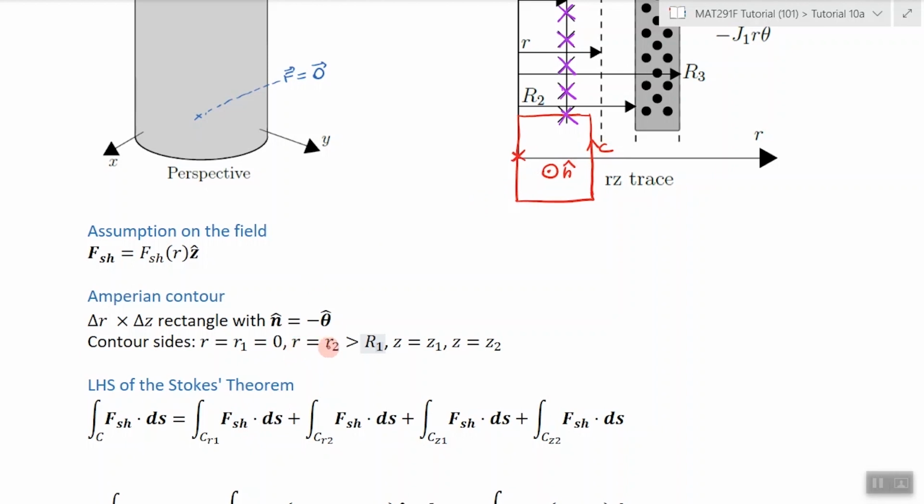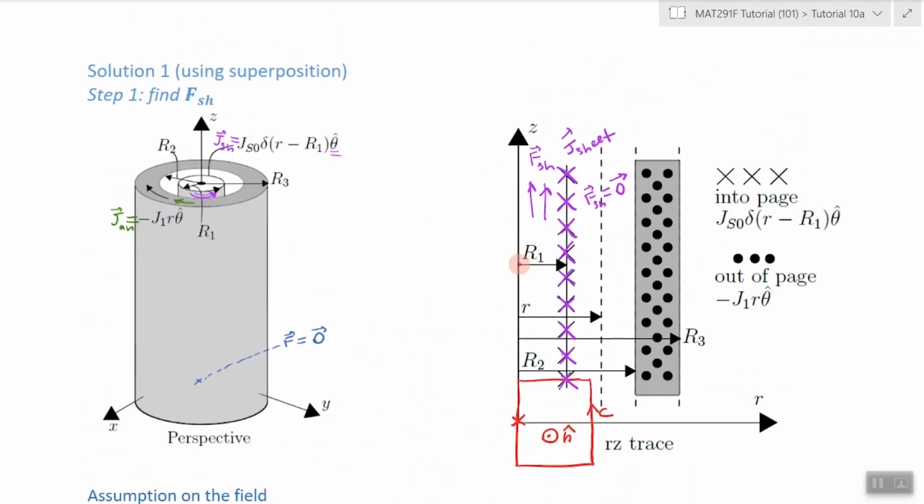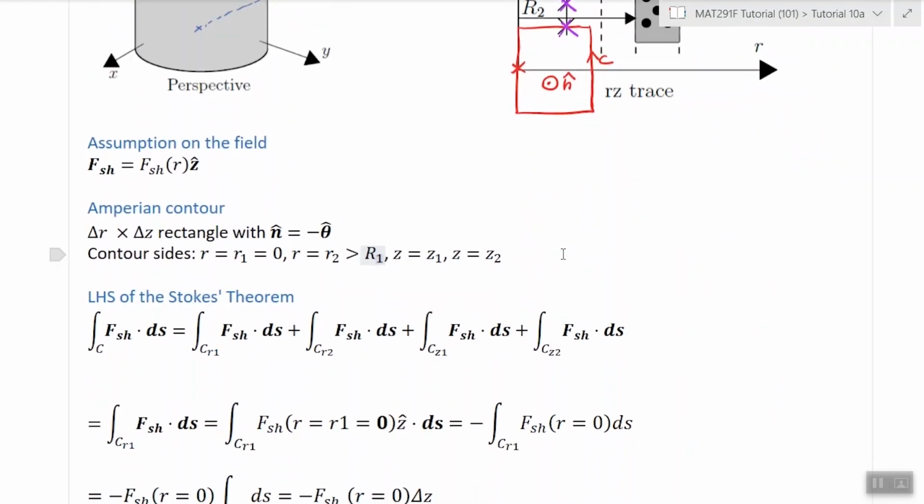Okay, so R2 is going to be outside of this, where the sheet ends. R2 is greater than R1, where R1 is the radius of the sheet. And then the Z coordinates could be arbitrary for the heights of these two sides.